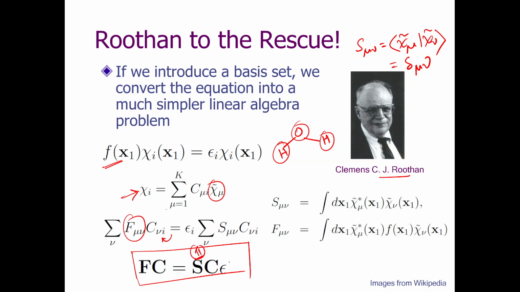Then your FC is equal to C epsilon. Now this is your eigenvalue equation. But as this S is not in general an identity matrix, that's why it is not an eigenvalue equation. So if you see the previous lecture, then I think it will be clear, because this S is not an identity matrix or Kronecker delta.